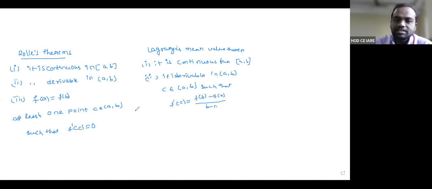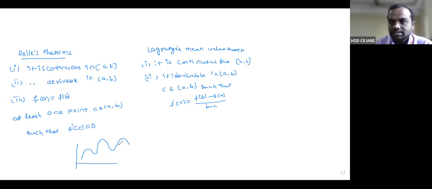So in this, they both have a geometrical interpretation. Suppose y is equal to f of x is a continuous curve. We can take the maximum points and the lower bounded values.